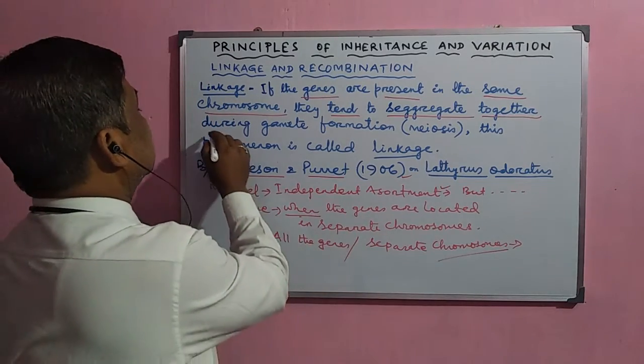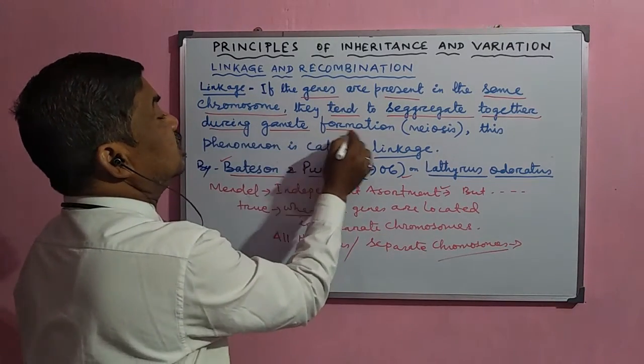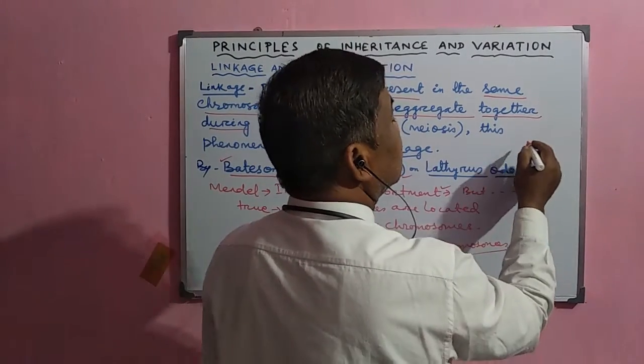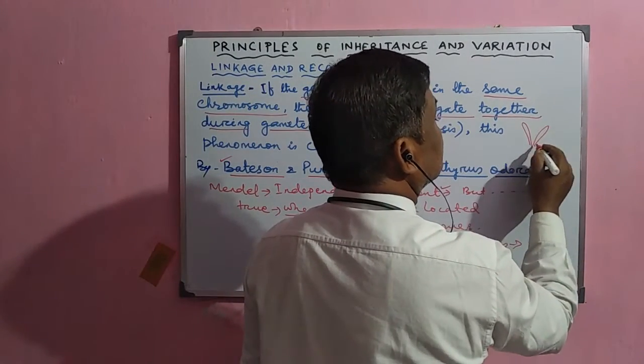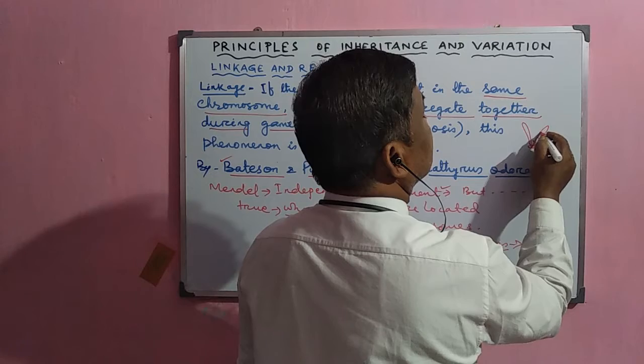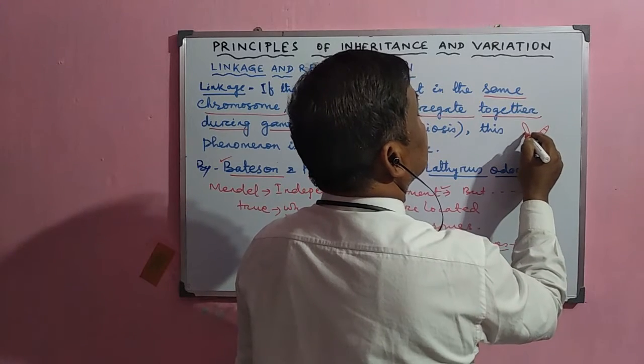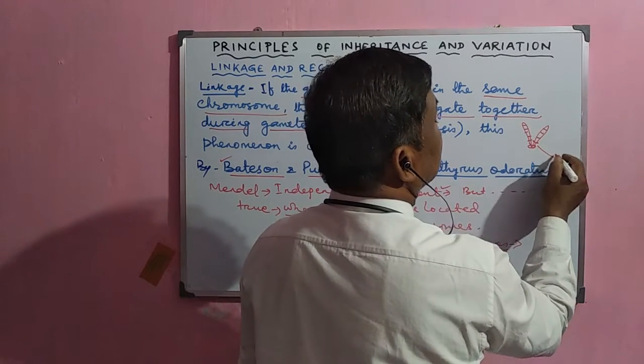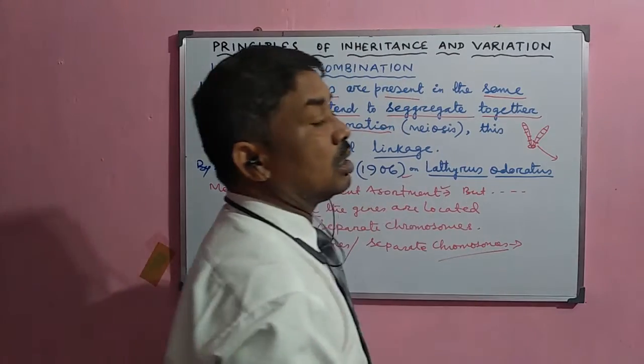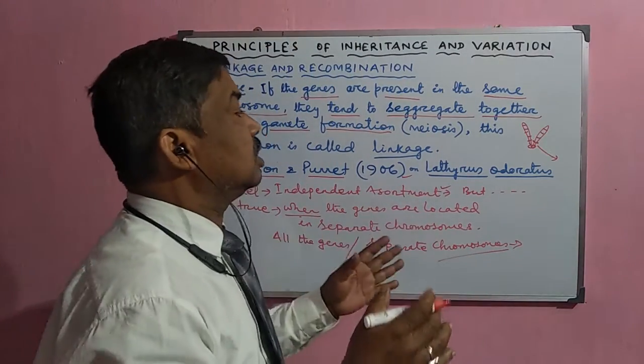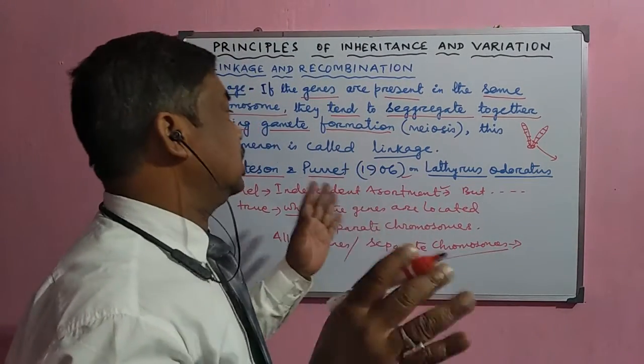During gamete formation, suppose this is a chromosome, and whatever genes are present here, these genes segregate together and are transmitted to the next generation together. They do not separate from one another.